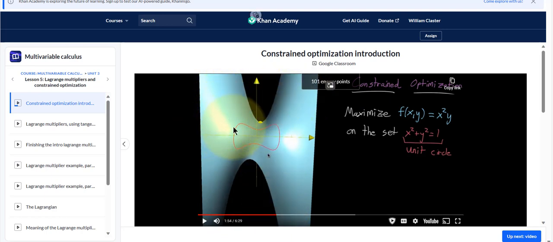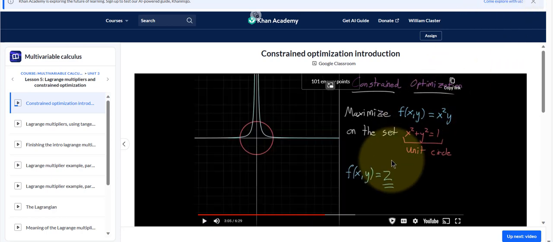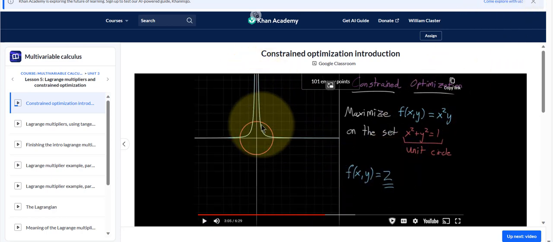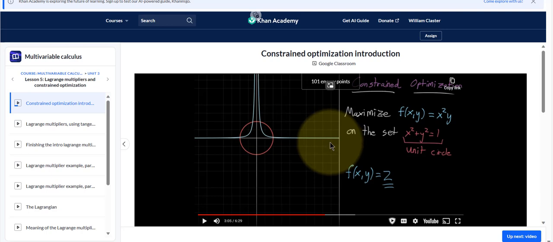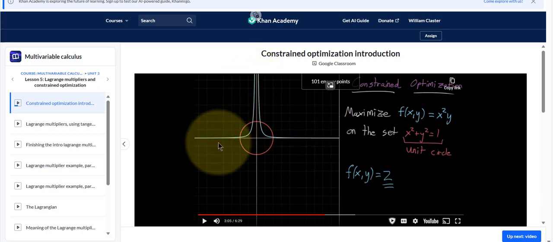We imagine taking a plane that's parallel to the xy plane and has a height of 2, and just looking at where it cuts the surface. If we look down on that, we'll see all the xy points that have a height of 2. So maybe this is the set of points where the height is 2.